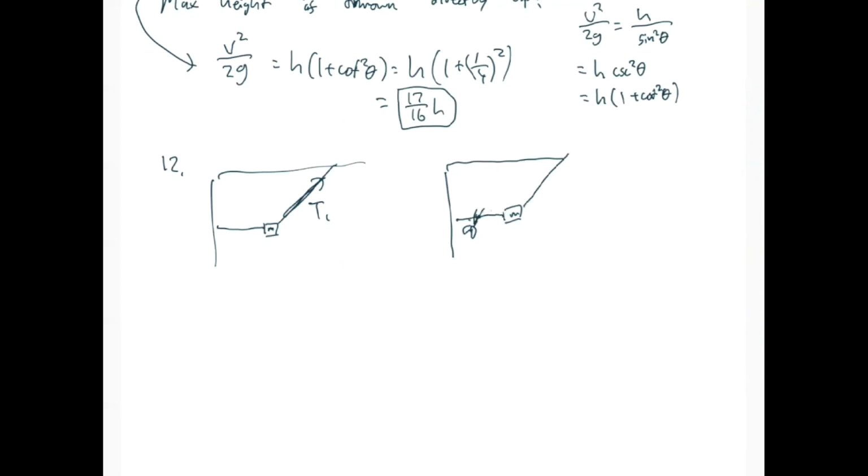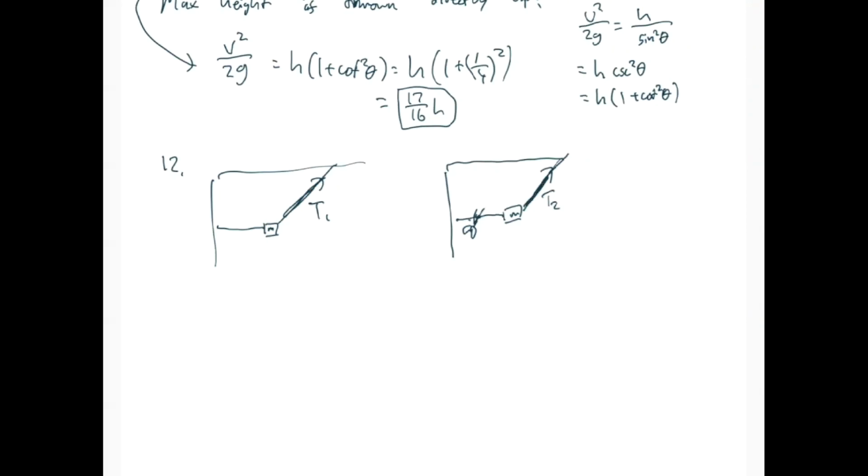So now there's no more string here, and then the tension in the diagonal string suddenly becomes T2. So we want to compare the magnitudes of T1 and T2.